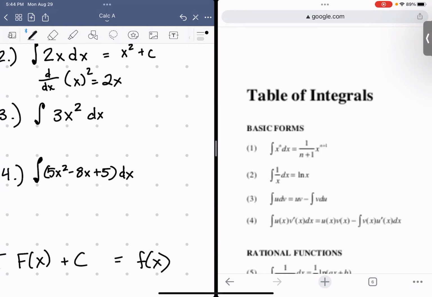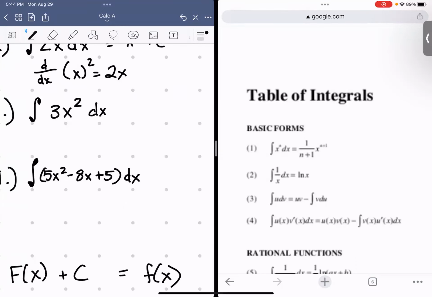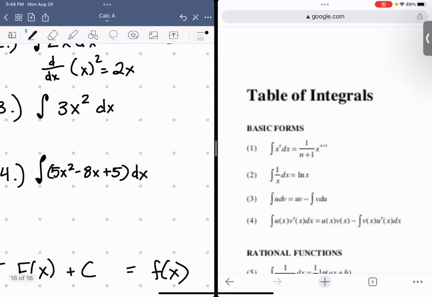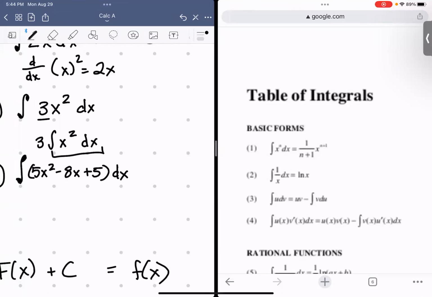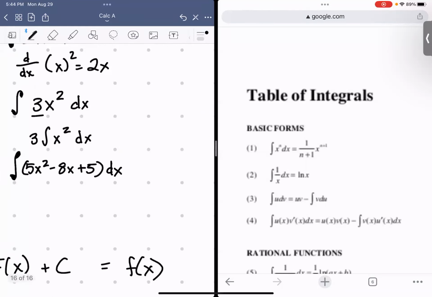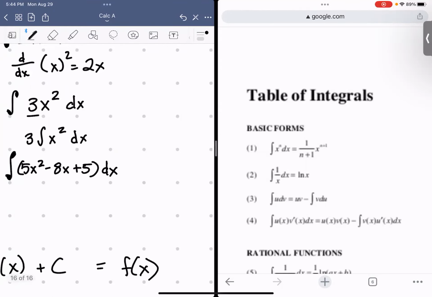Also, there is a rule that you can take out the constant. So you can rewrite it like this, focus on this part, find the integral from there, and multiply by the 3 in the end.